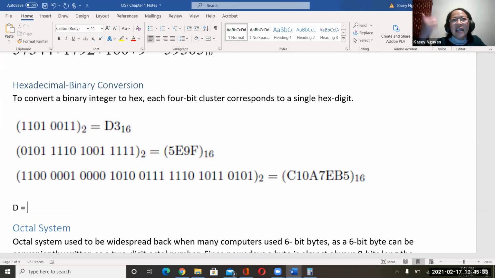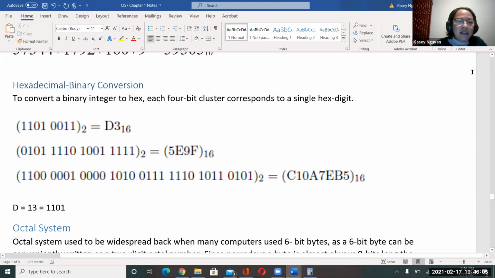A is 10, 11 is B, 12 is C, and D is what? 10, 11, 12, 13. Then for the 13 representation in binary, you can convert it using subtraction. So we know that it's going to be 8, 4, and 1. Okay, so 1, 1, 0, 1.